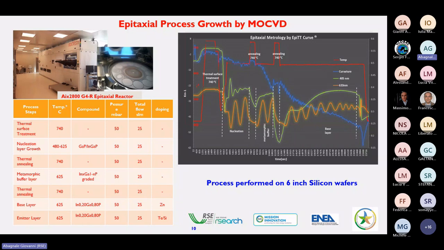For example, temperature, composition of the layers, variation of the composition, and finally also the doping materials used for the active layers of the device.